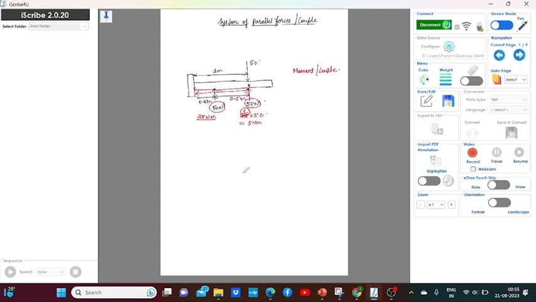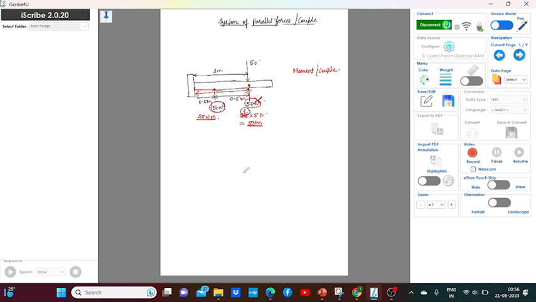So although both people are applying the same amount of force on the door, this person will easily open the door, because the moment applied by this person is 50 Newton meter, and the moment applied by the other person is 25 Newton meter. So the more the moment applied, the more easily the door can be opened.